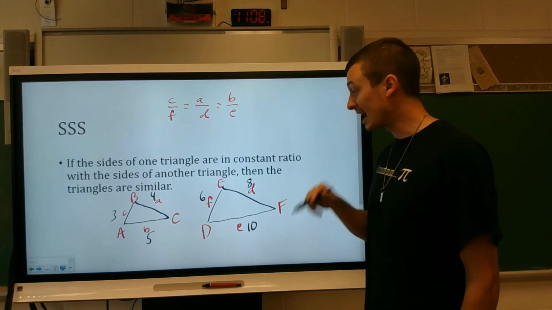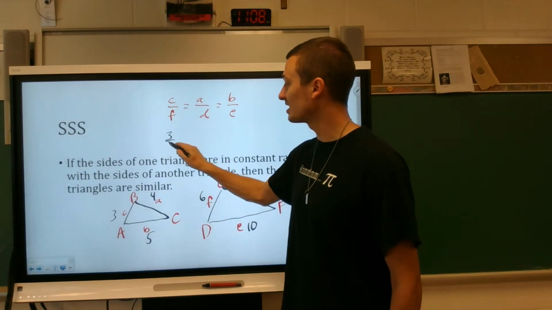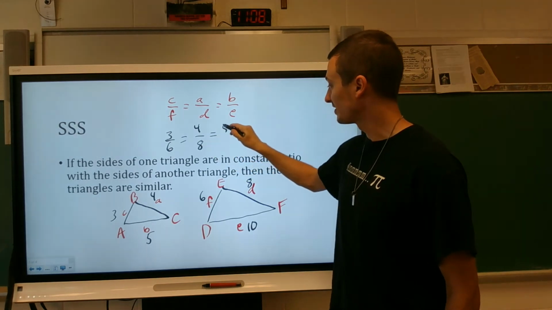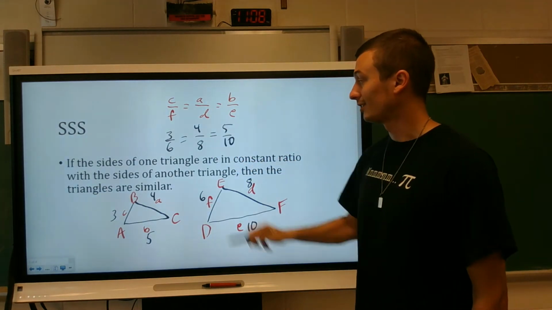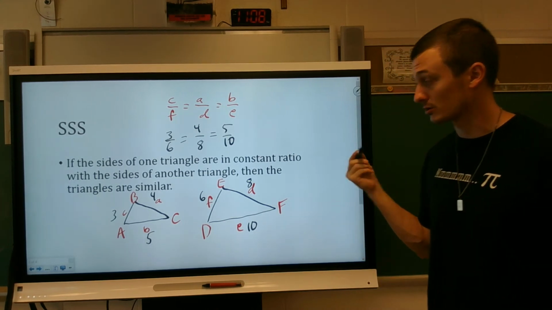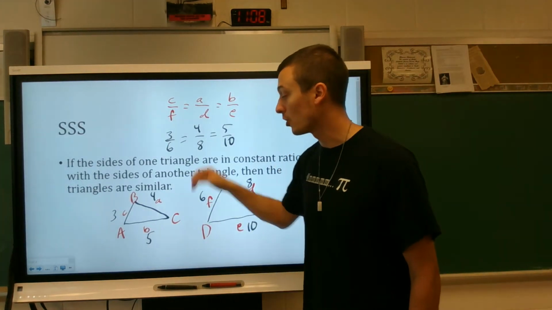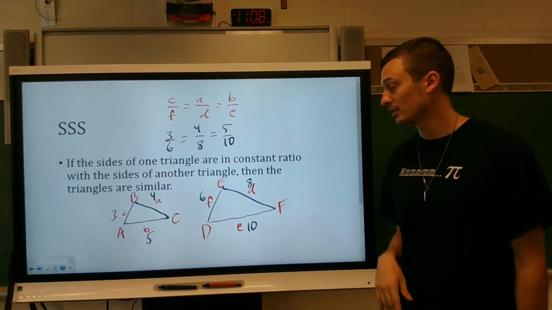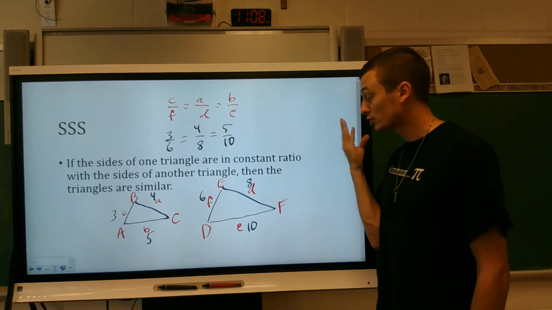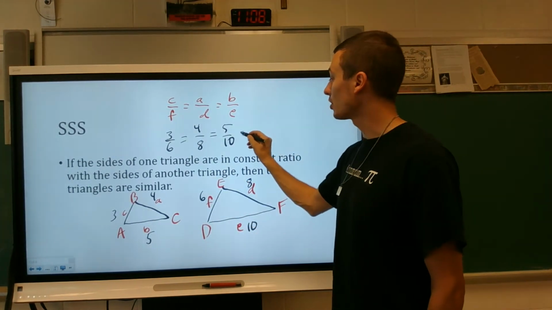So all these sides, if I make the ratios, this is a 3 to 6, 4 to 8, 5 to 10. All of these simplify to 1/2. That's a constant ratio. Every time I go from small triangle to big triangle, all the corresponding sides are in constant ratio. So these 2 triangles are similar.